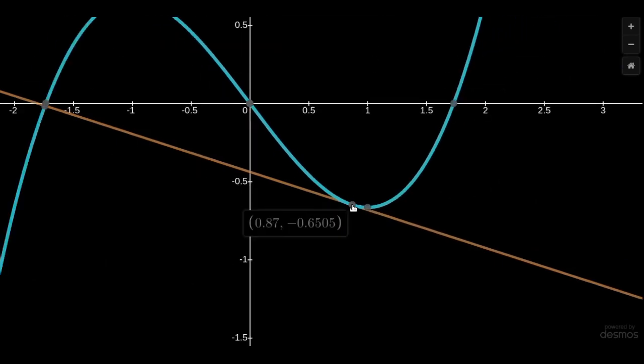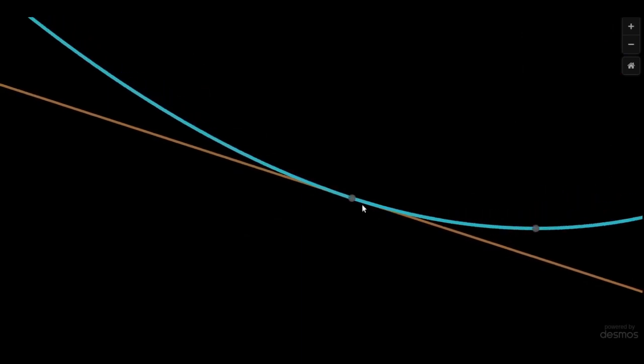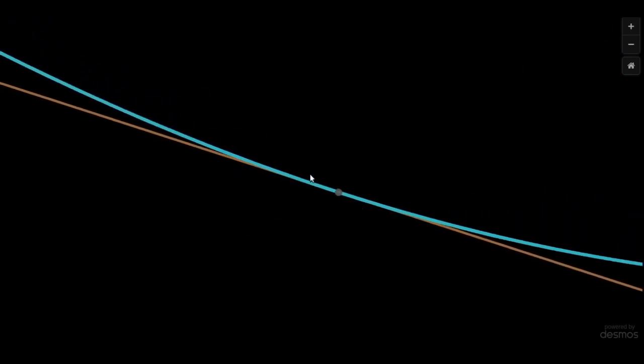This is the tangent line to this graph here, and if I zoom in extremely close on any given point, and look at how the tangent line compares to the graph of this function, it's pretty easy to see that nearby I'm getting almost the exact same thing.